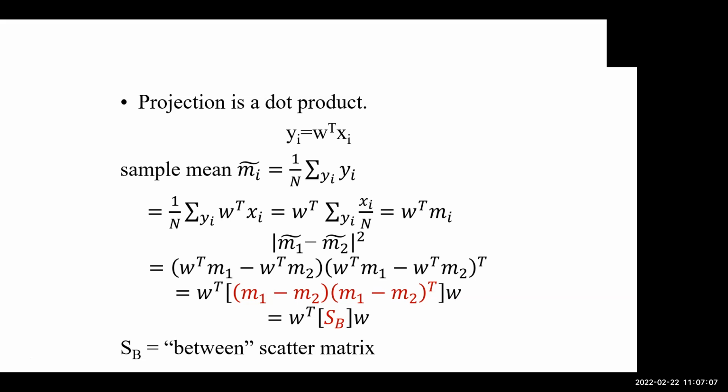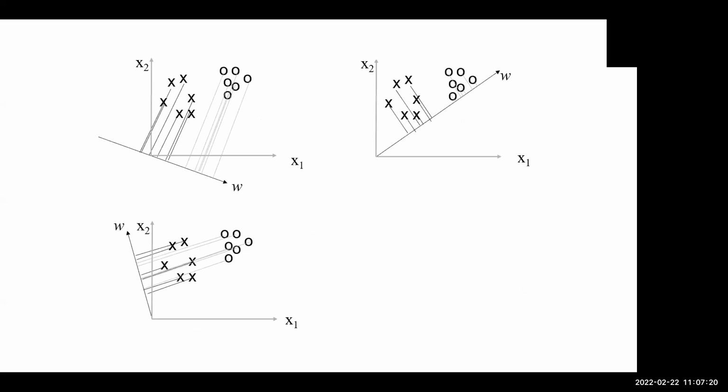So it will be this for any of them. And if you pick a good one, this term will be big. If you pick a bad W, that term will be small. If you pick a good W, the difference in the means will be big. If you pick a bad W, the difference between the means will be small.